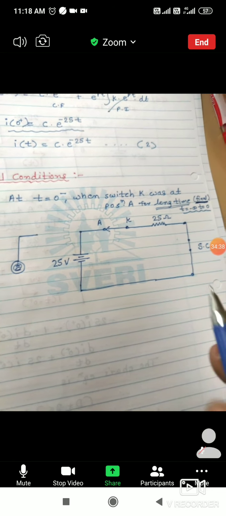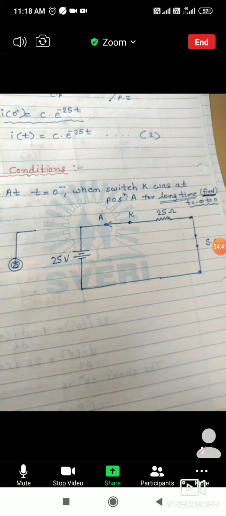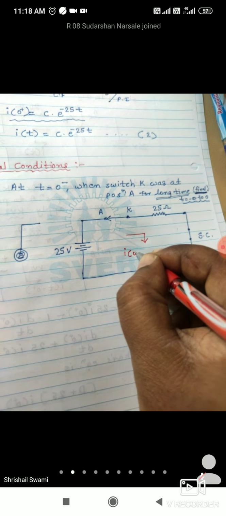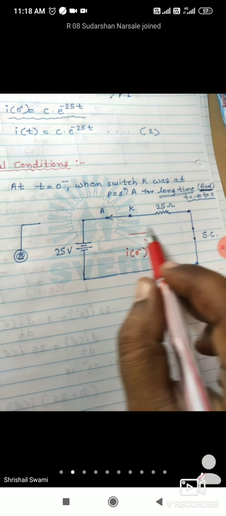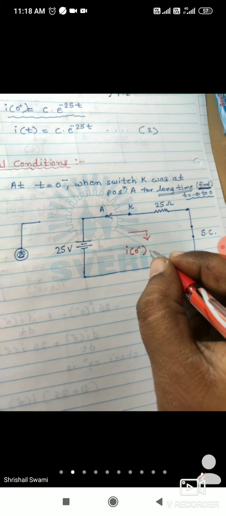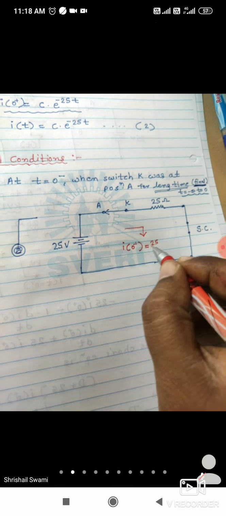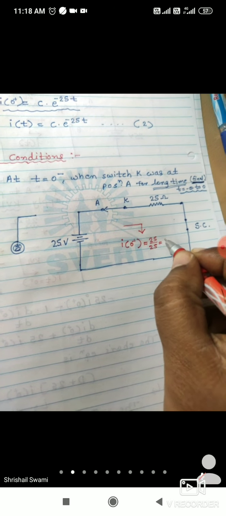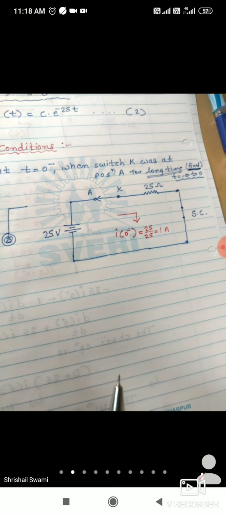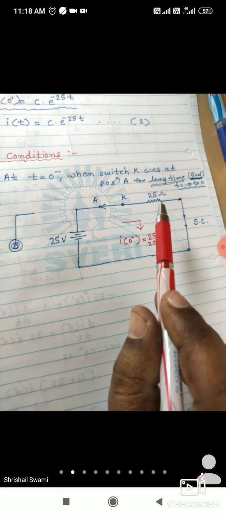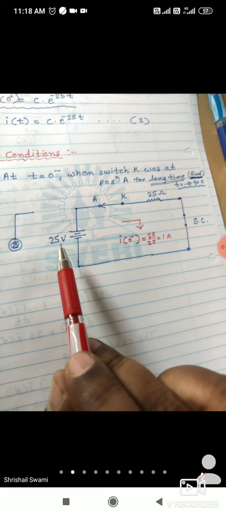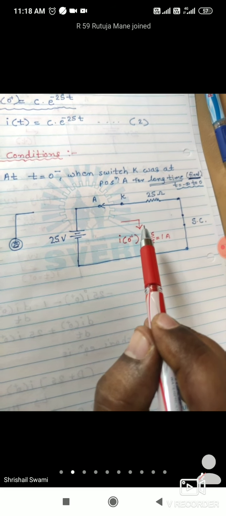okay, so inductor as a short circuit, so for that the current passing through the inductor, I of 0 minus, or current passing through this circuit I of 0 minus will be 25 divided by 25, that will be 1 ampere. Understood? Only the resistor will be present, so 25 divided by 25 gives us this current.